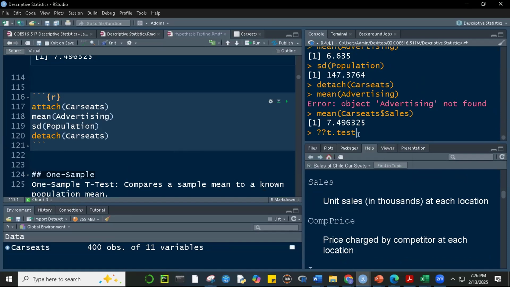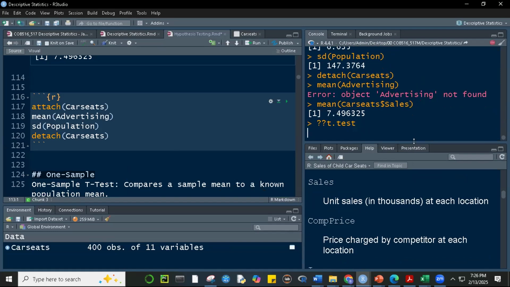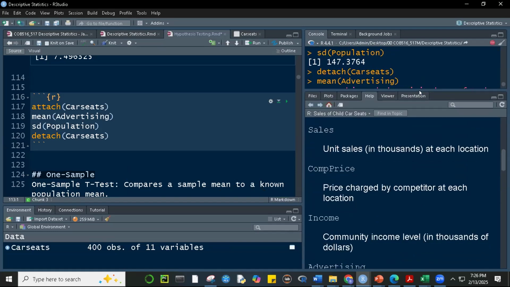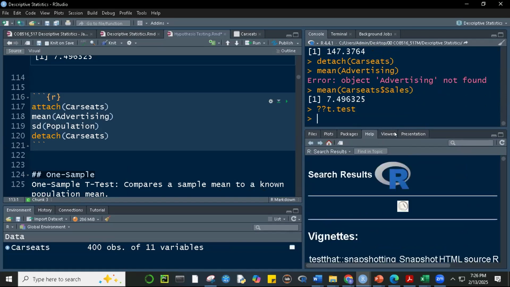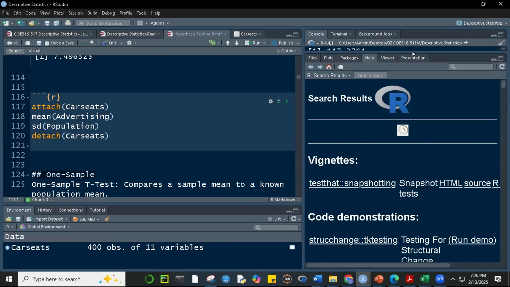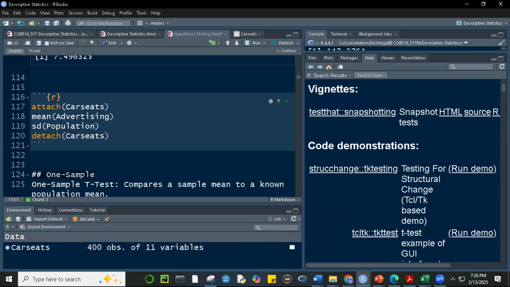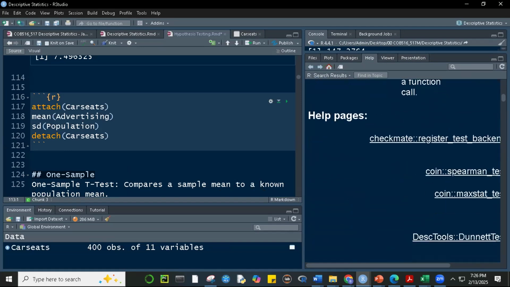Control enter, and usually R will give us a help. Sometimes there are many, so we just have to check. Here there are many.